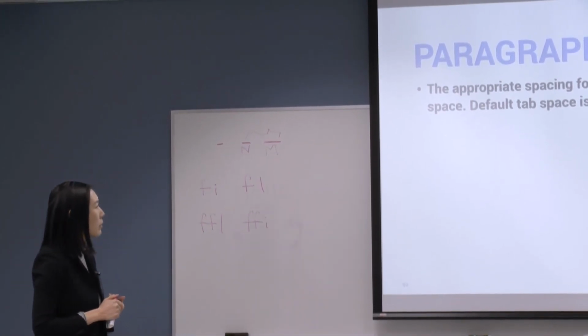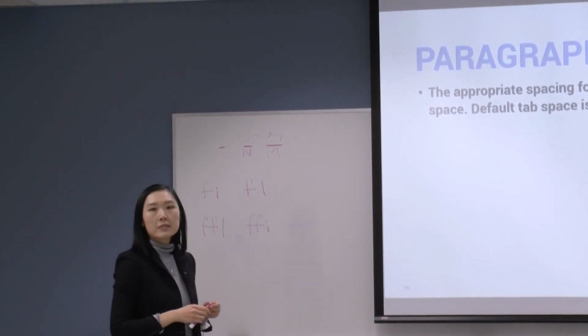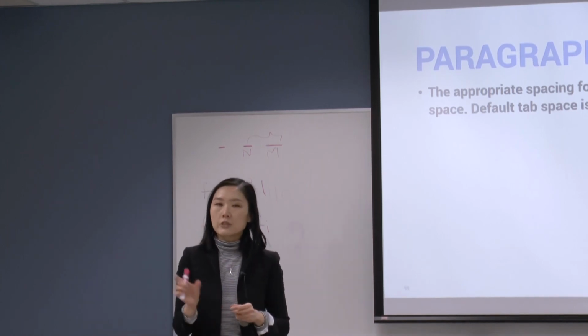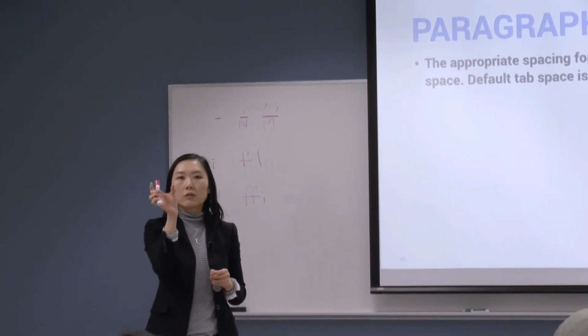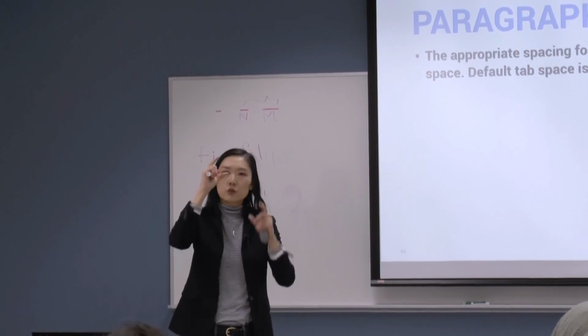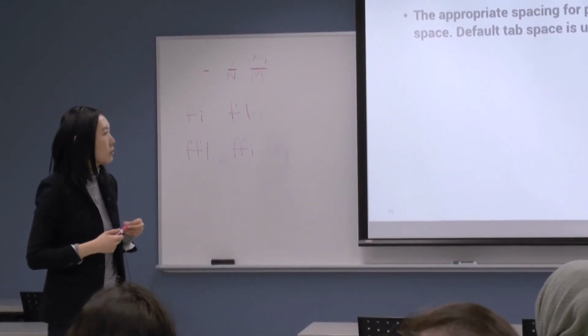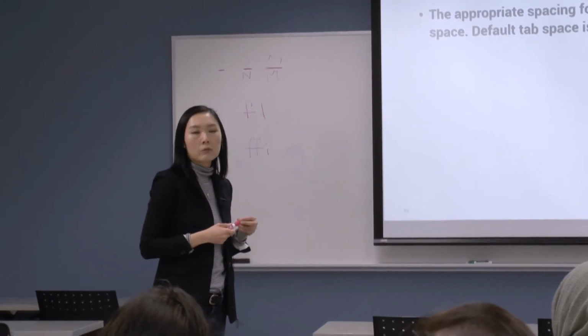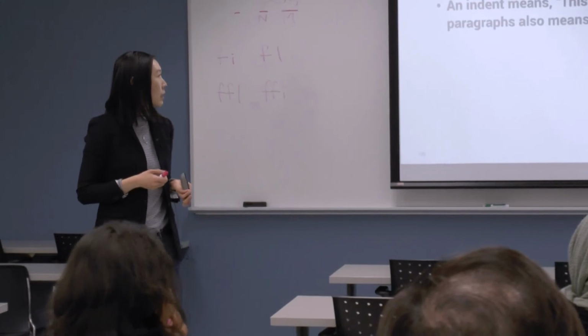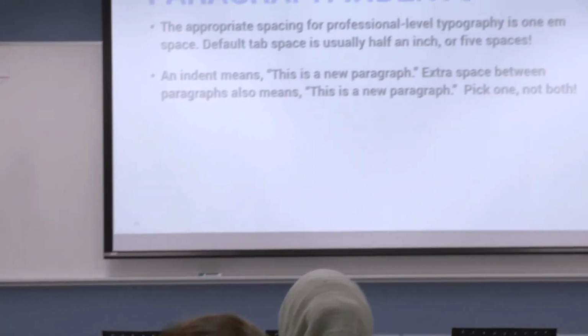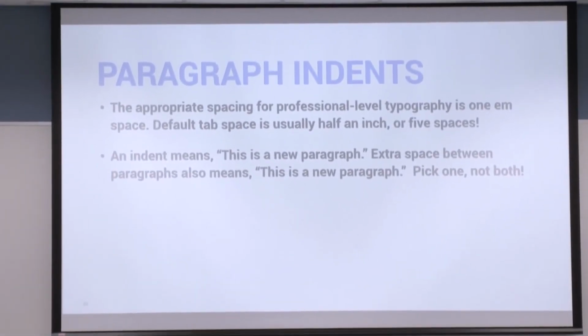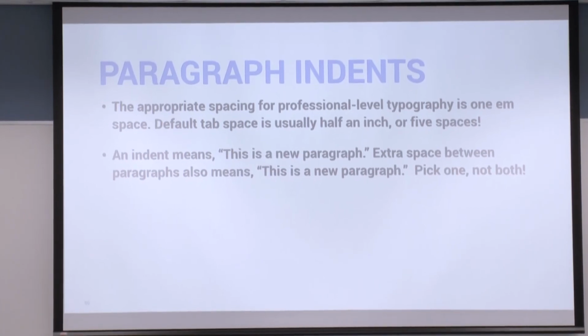I think it's something like 5 spaces, and that just seems like a lot. You see a lot of visual holes in your design. So you can usually adjust that setting, how wide you want your indent to be. It's generally 1 em, and I see this a lot in student essays.